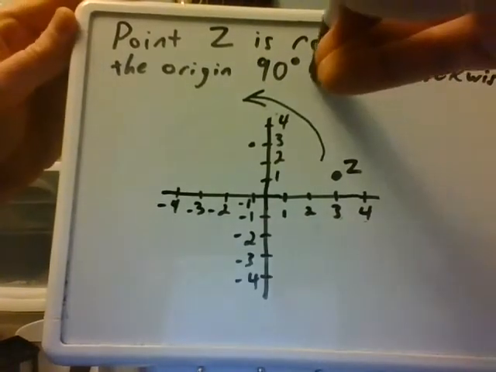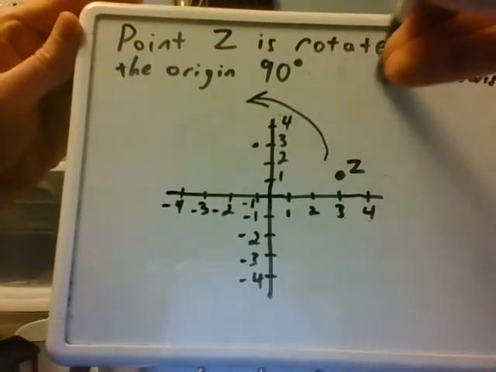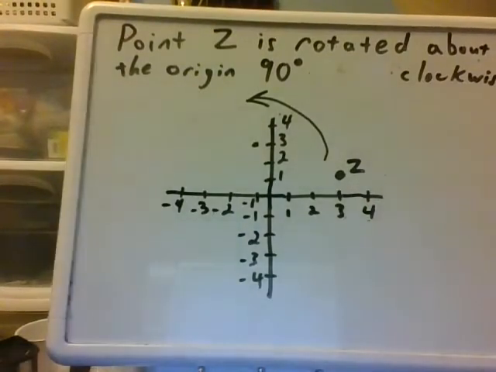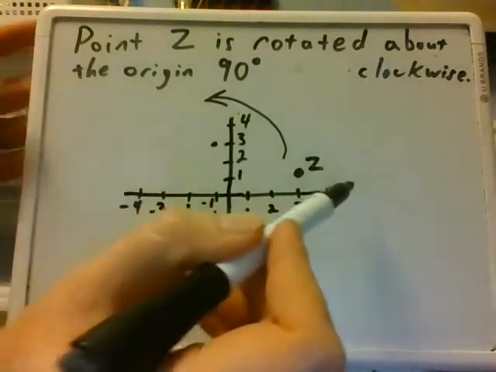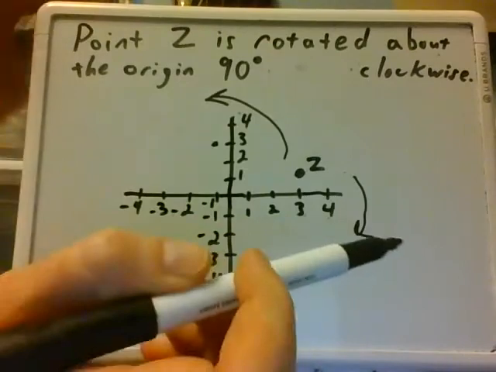But let's say that it was 90 degrees clockwise. What I want you to do now is figure out where the point would be then. Give you a few seconds. Okay, so 90 degrees clockwise would be in this direction.